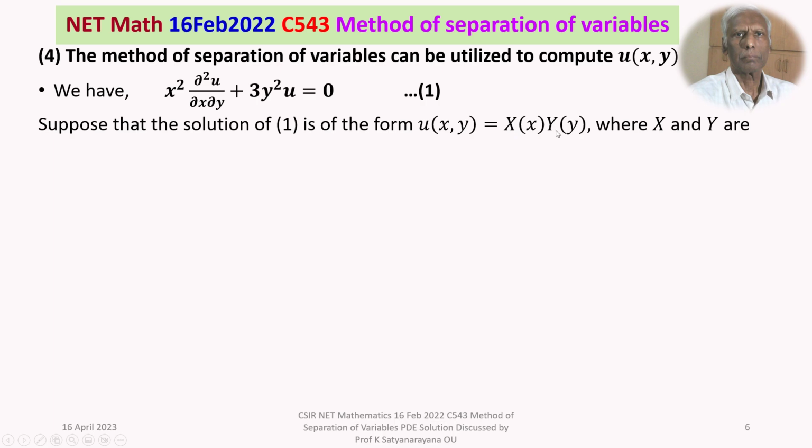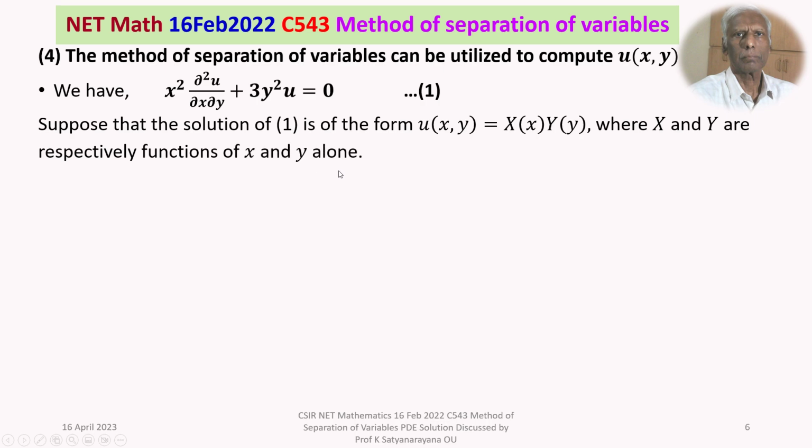That means X of x is a function of x alone, and Y of y is a function of y alone. We are supposing that the variables can be separated, and can the method of separation of variables bring the solution of this partial differential equation? That's what we are going to see.